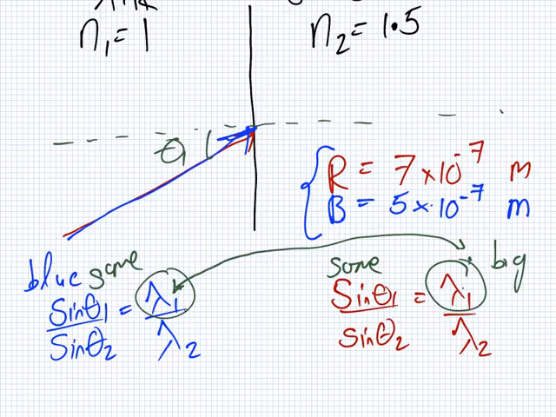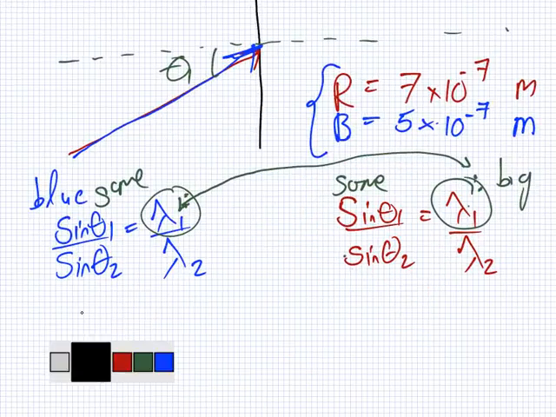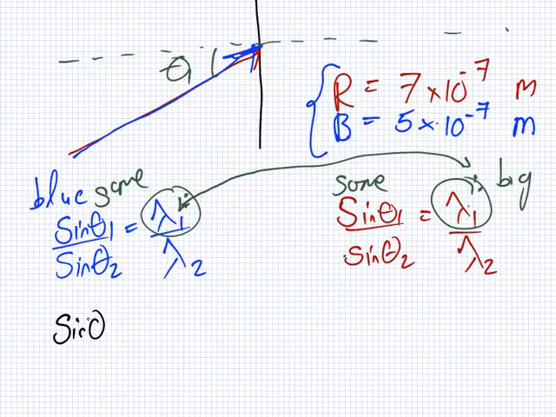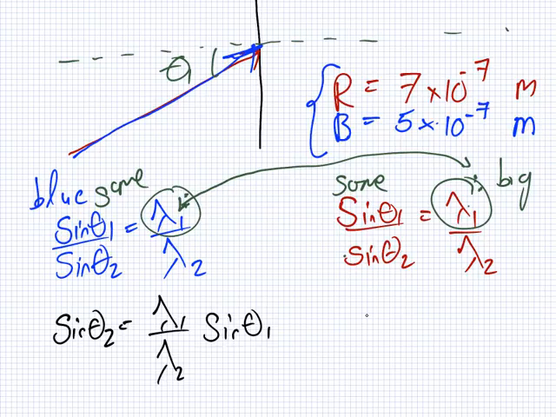So, if you think about it like this, if these are the same, but this one is bigger, then... you know what, it's going to get a bit confusing, let me just rewrite it. Sine theta 2 equals lambda 1 over lambda 2 sine theta 1.